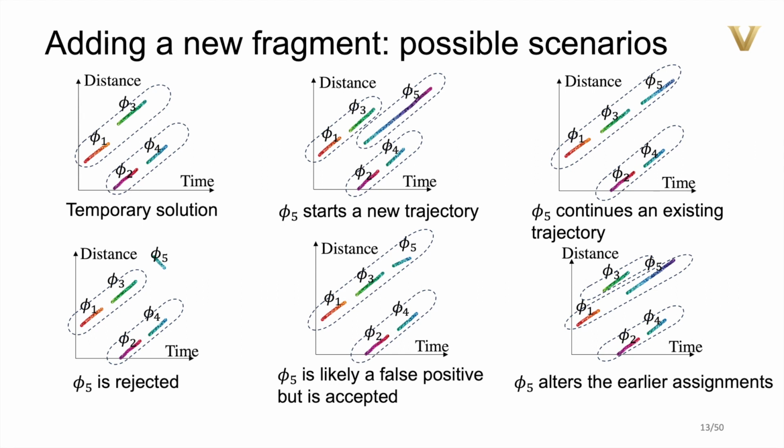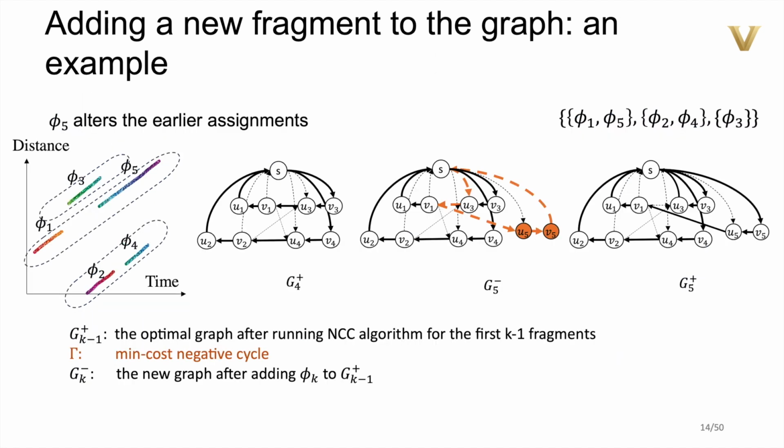Here's an example. Let's say that the new fragment 5 alters an existing matching solution, in which 1 and 3 are combined and 2 and 4 are combined. The graph on the left is the residual graph representing the temporary matching solution up until fragment number 4. Now the new fragment comes and we represent it with new nodes and edges.